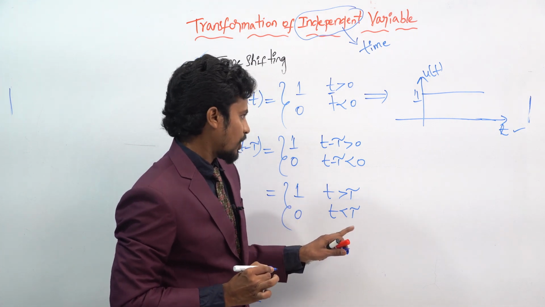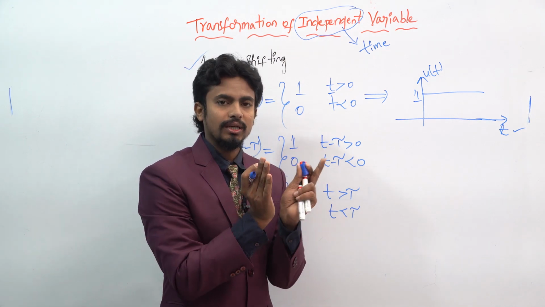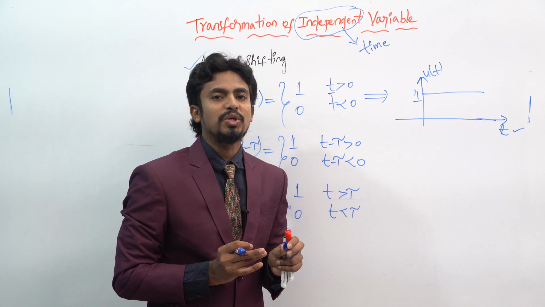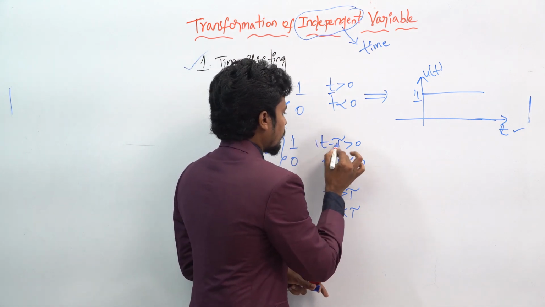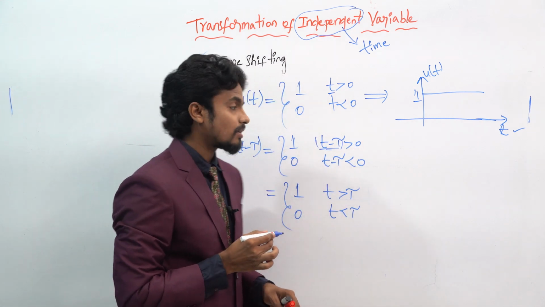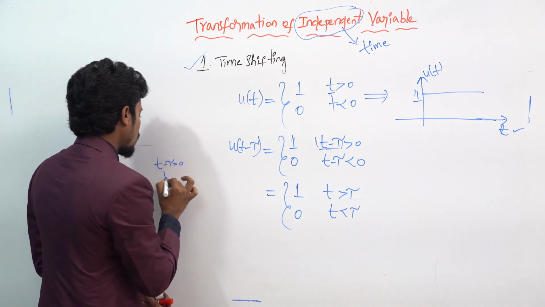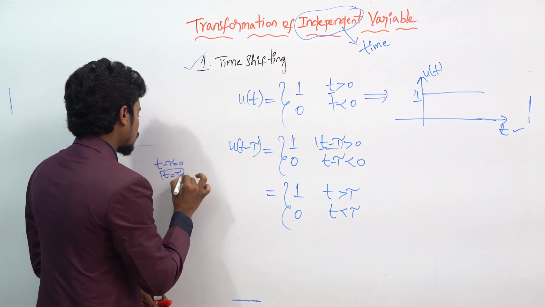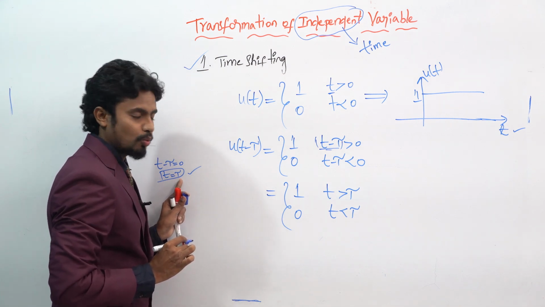I will also tell you a shortcut method for this: we take the bracket value equal to 0. That is, t minus tau is equal to 0, so t is equal to tau. That means our plot starts at tau.